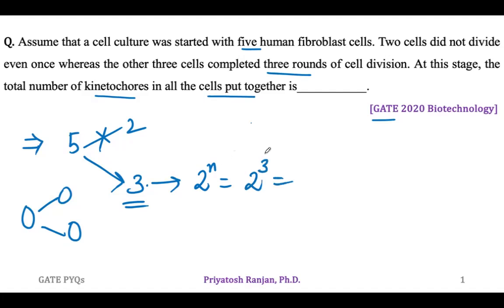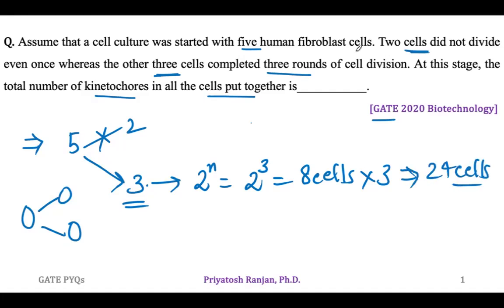So 8 cells if I'm starting with 1 cell, but remember we are starting with how many cells? 3. So 24 cells. Also, we need to consider the 2 cells which did not divide even once. So the total number of cells is going to be 24 cells plus 2 cells, which is 26 cells.